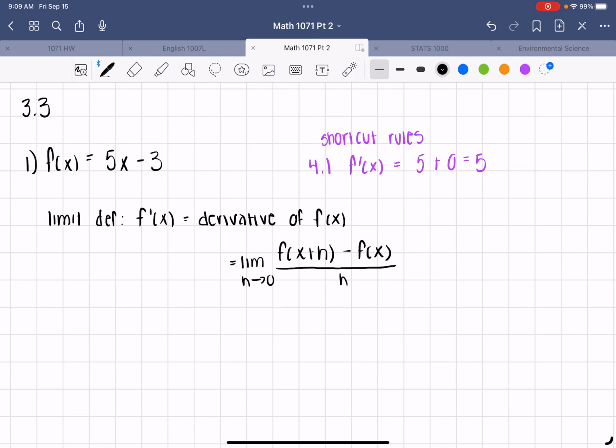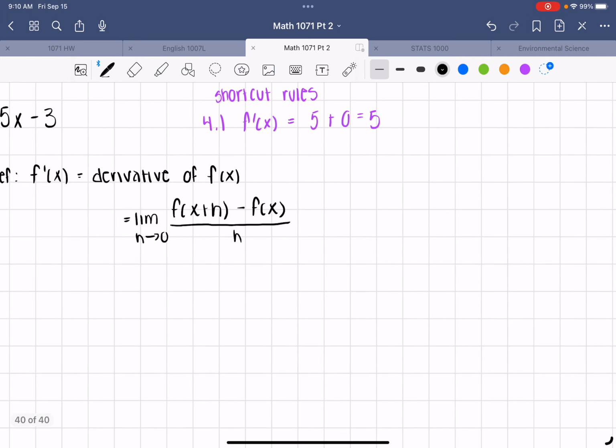Well, that's what we're going to do here and here. Let's apply f.